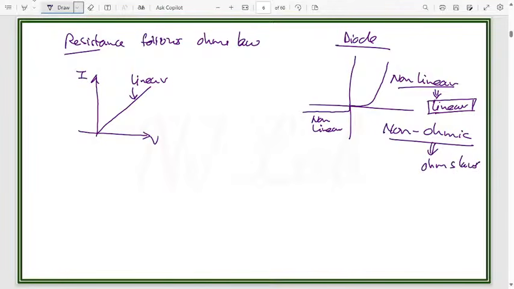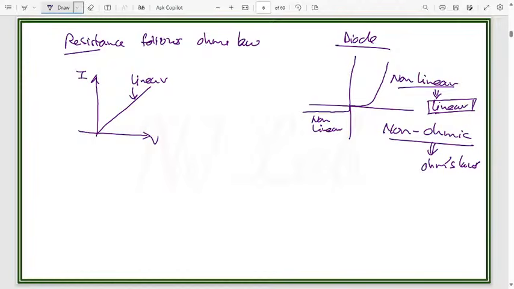And once we start applying Ohm's law to the diode, we can treat the diode very similar to a resistor, and our circuit calculation becomes simple, right? So that is the reason we are trying to approximate the practical diode to the ideal diode. And apart from the ideal diode, by including some other things, we can at least approximate it, not as an ideal diode, but as a linear diode, right?